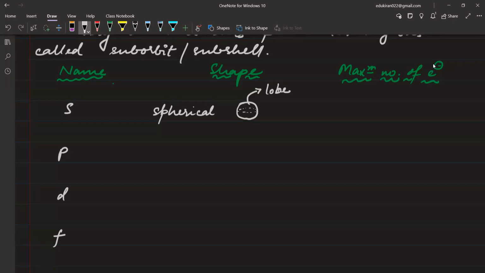A fair bit of lobe that you all have is the ear lobes, right? So this structure does not really look like ear lobe, but when I draw the P subshell, that is dumbbell shape, then this part fairly looks like ear lobes.